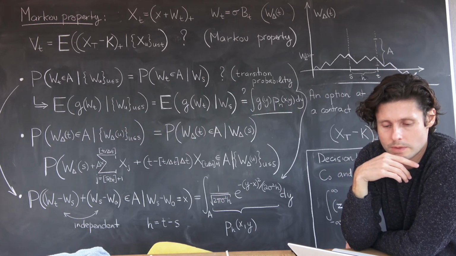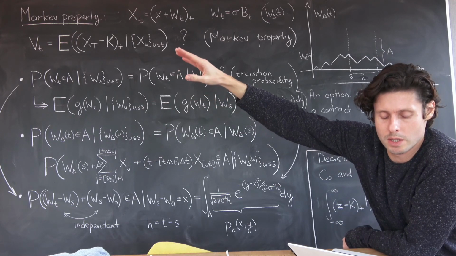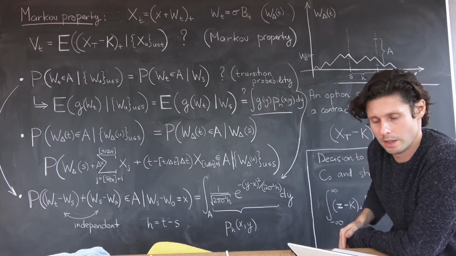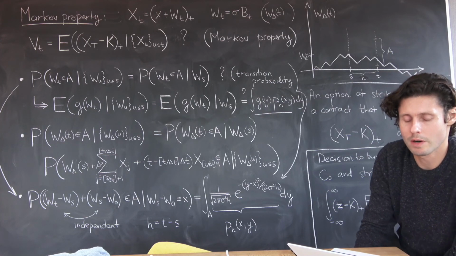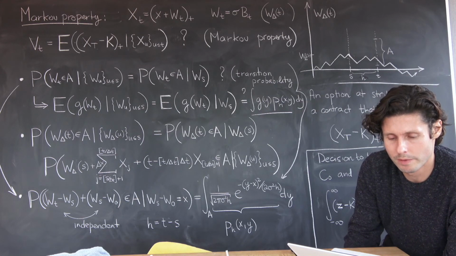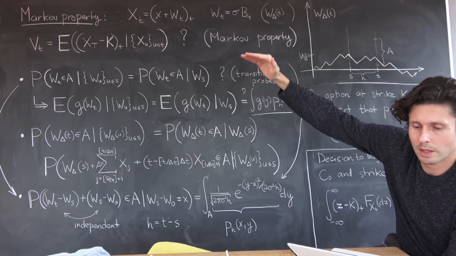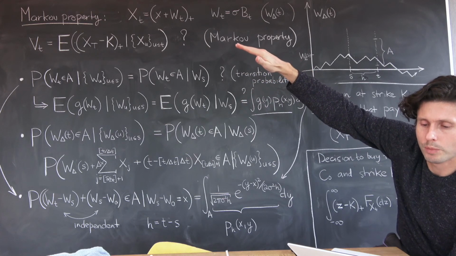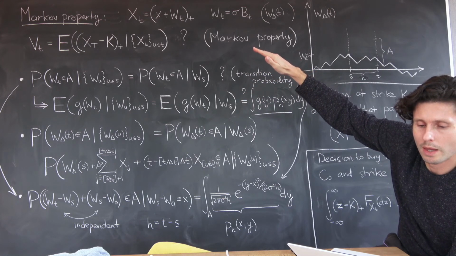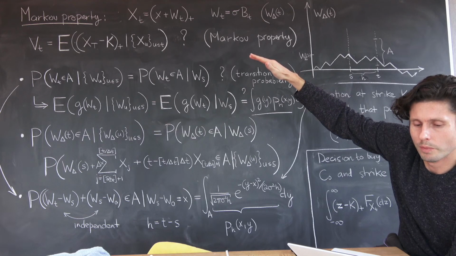It also seems very difficult, because we're conditioning on essentially infinitely many random variables, and so it seems a bit of a non-starter. But I'm going to try to convince you that if we have the Markov property, then the calculation becomes much more manageable.